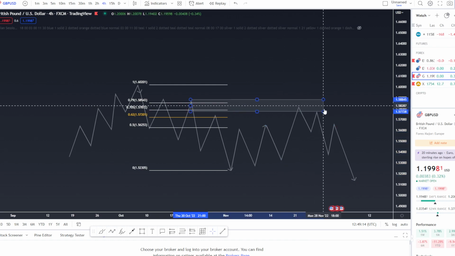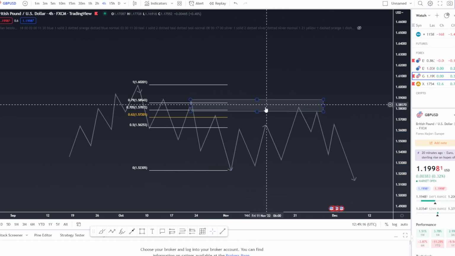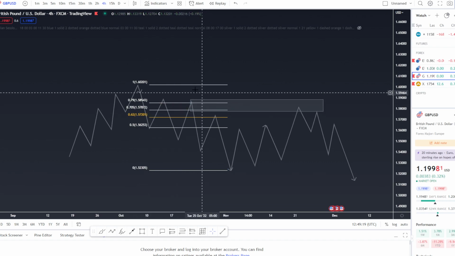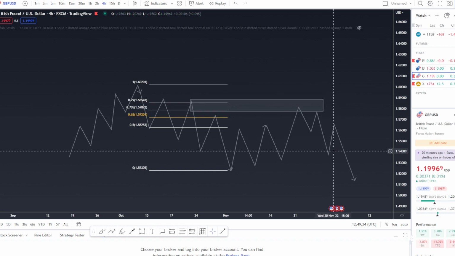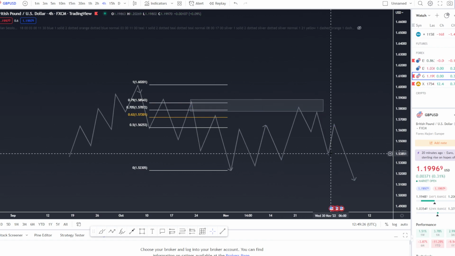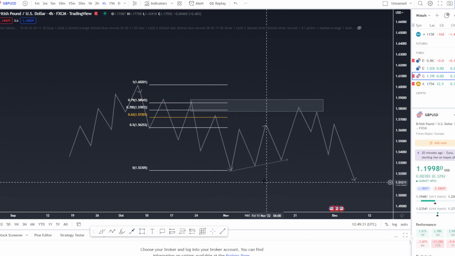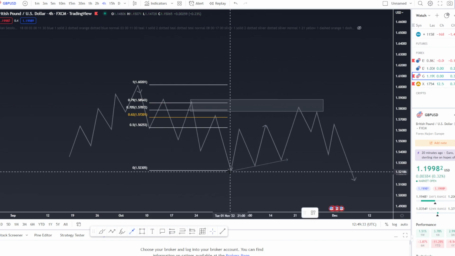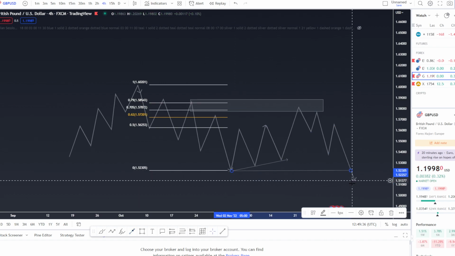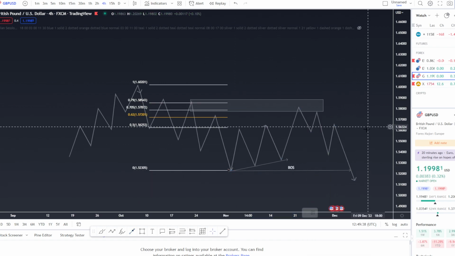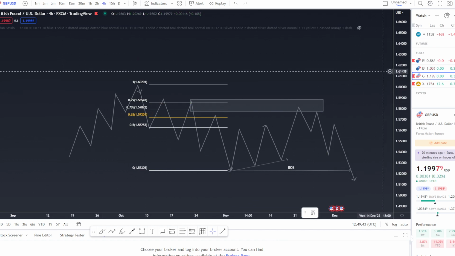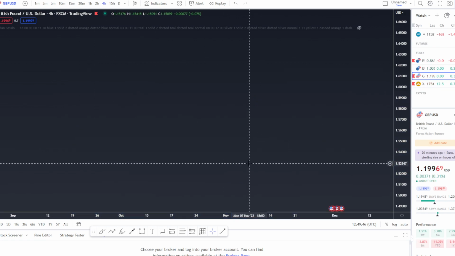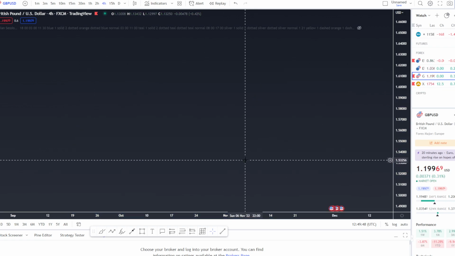Pull back, taps into a supply zone above the 50%, that's within premium pricing, reacts to it, and then comes all the way down, taking out the liquidity and taking out the low all the way down here. Now, this may have confused you a bit. I'm going to jump into a live chart now and show you a few examples.